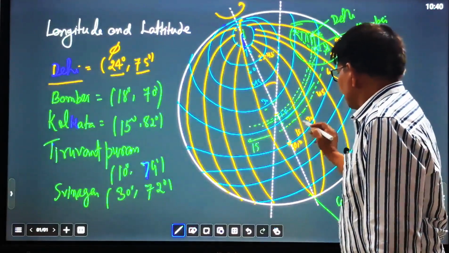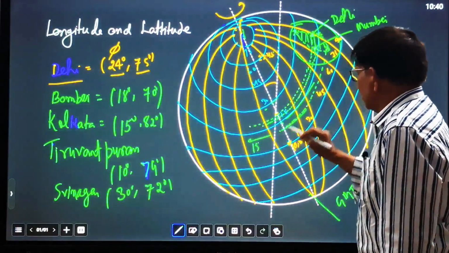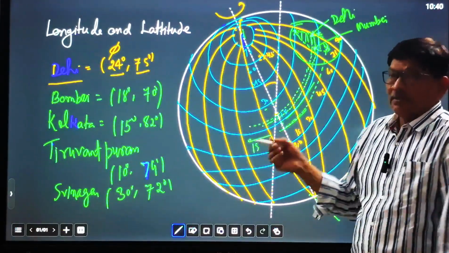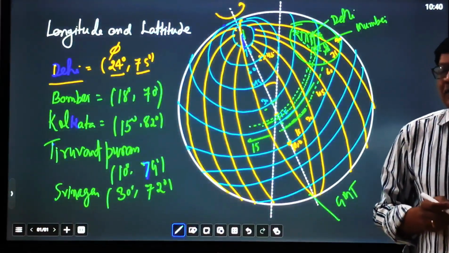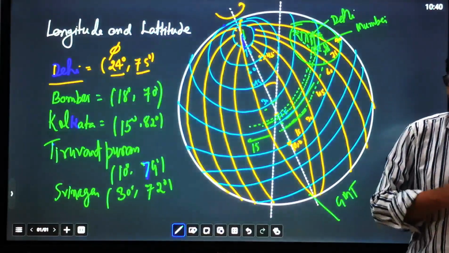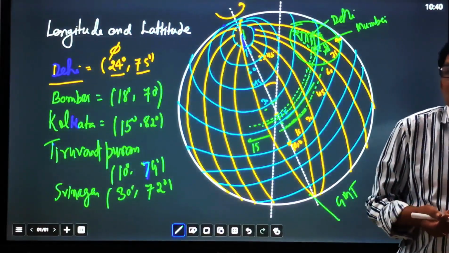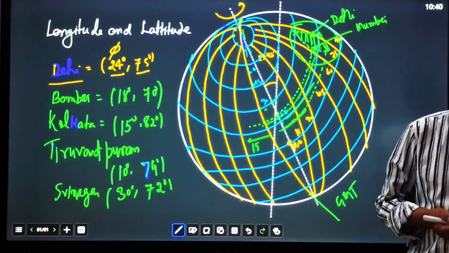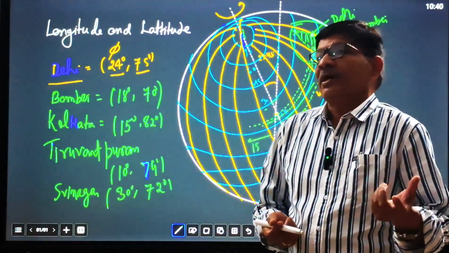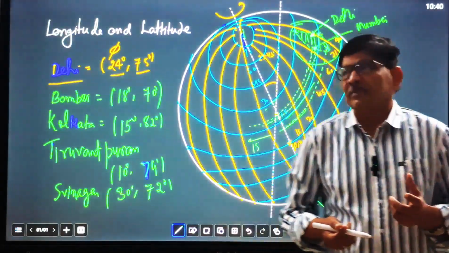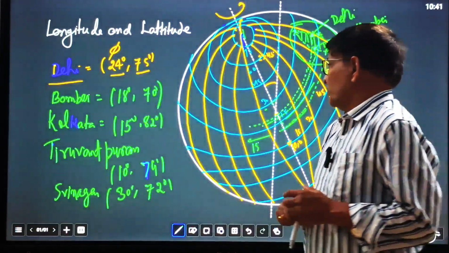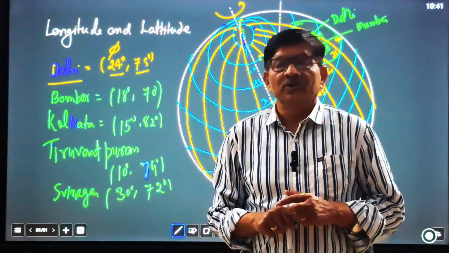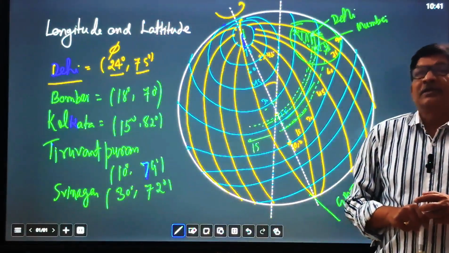If we move along this direction 15 degree, then 1 hour increases. So if you know the position of the place using the Greenwich Mean Time line, and you add 1 hour for each 15 degree, then you can exactly locate the position and time of that place. That's why the concept of longitude and latitude is very important from a general knowledge point of view and from the solar energy point of view.